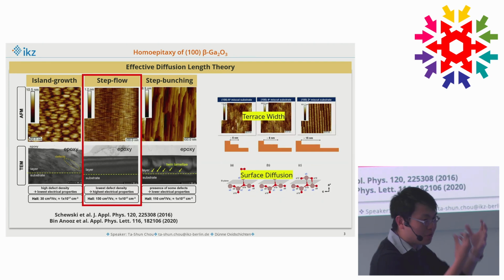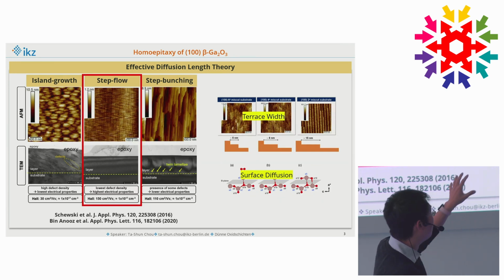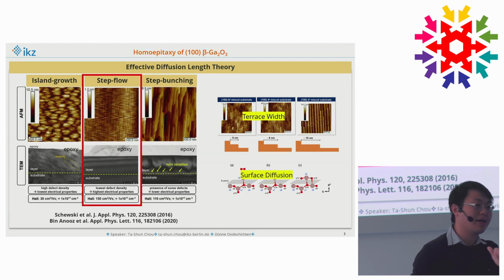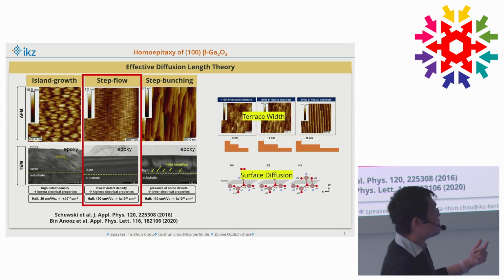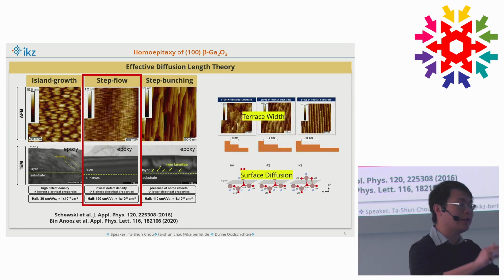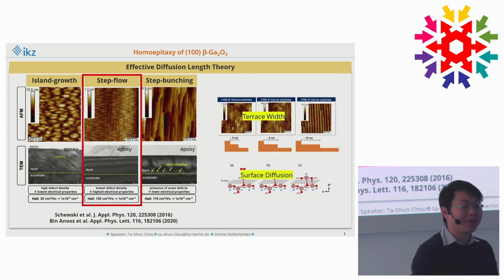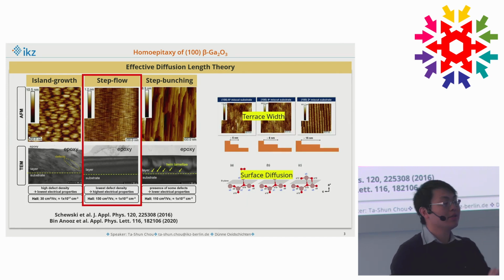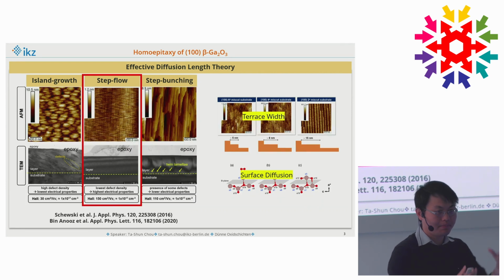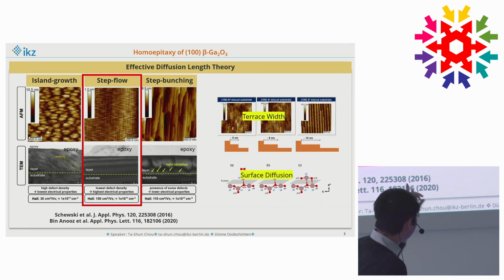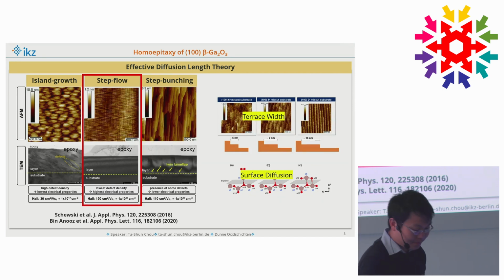And so how to control it, we figured out a little bit. We know we can apply the substrate miscut to control the terrace width on top of the substrate. And at the same time, by manipulating all the growth parameters in MOCVD, we can control the gallium adatom diffusion length. So by matching these two factors, ideally we should be able to get the step flow.